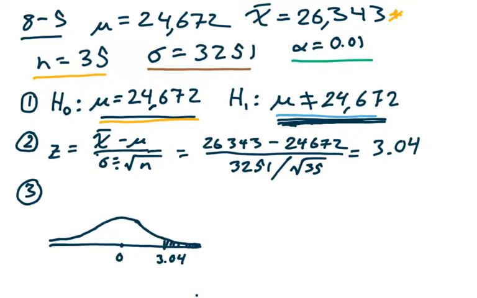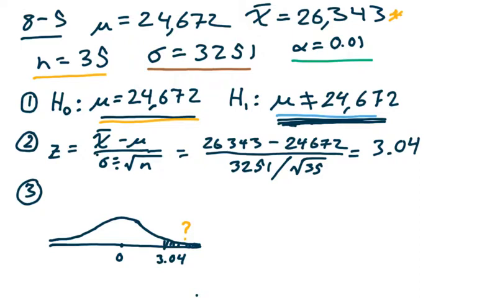If 0 is in the middle and we have a positive value, it wouldn't really make sense to look at this area to the left, would it? No, not really. So let's take that away. And then we're going to look up this area right here. All right. And let's pause and do that really quickly.